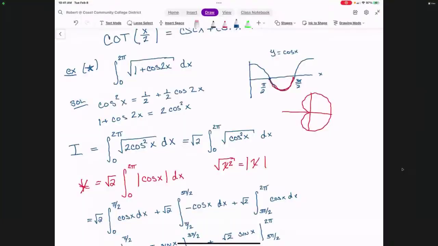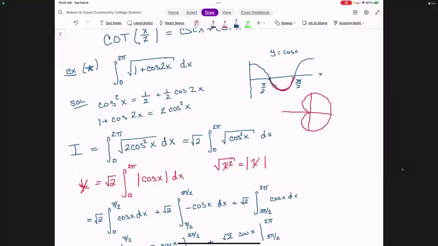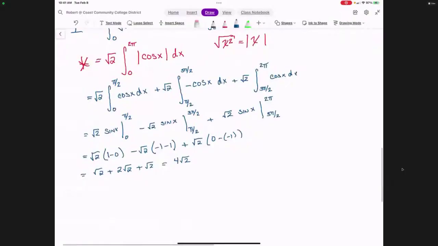Is u-substitution possible here? Well, what would you want to let u equal? Cosine 2x. Okay, so let's give that a try.